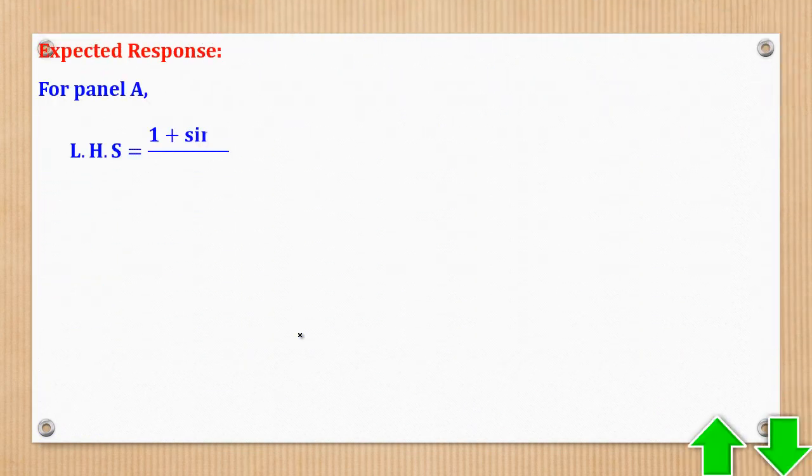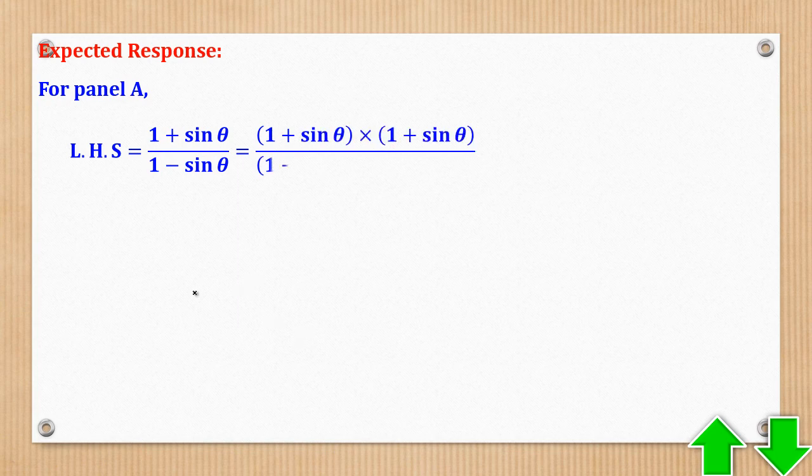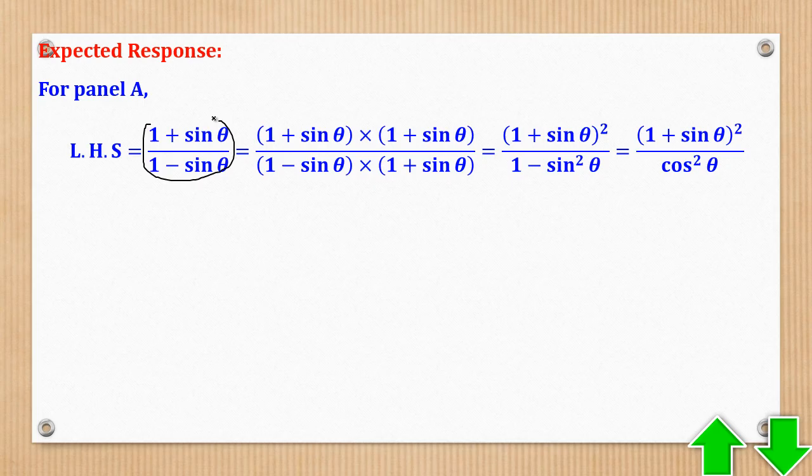So for panel A, we shall begin from left-hand side. Left-hand side, this is what we are given. So what we are going to do, we are going to introduce an innocent expression of 1 plus sine theta on both sides. 1 plus sine theta, 1 plus sine theta. When you do that, you realize that this becomes this, and this becomes a difference of 2 squares, which is here.